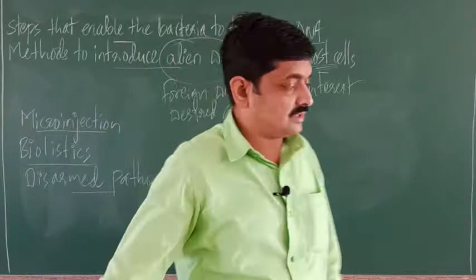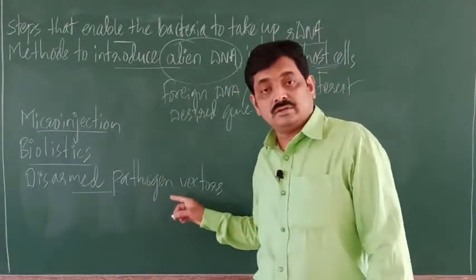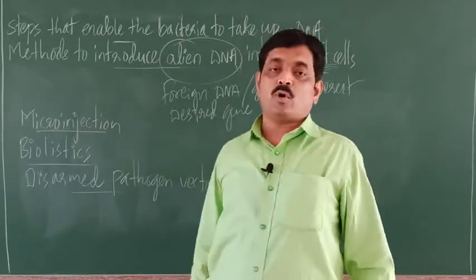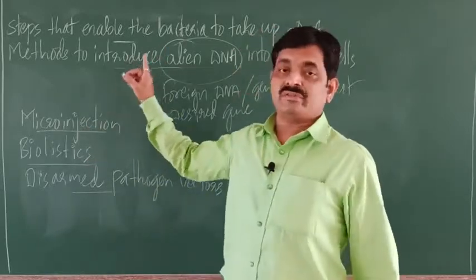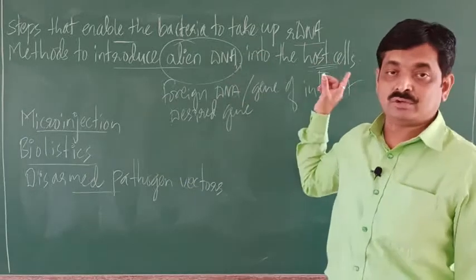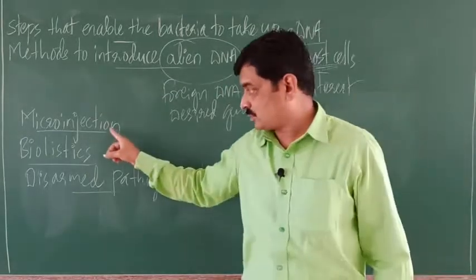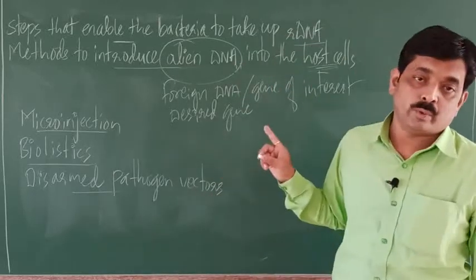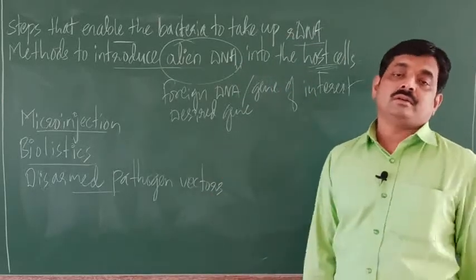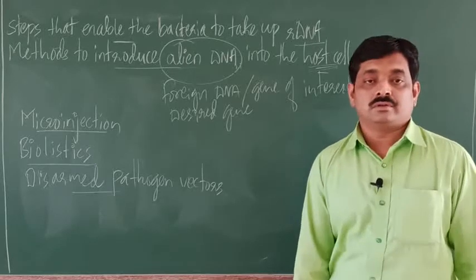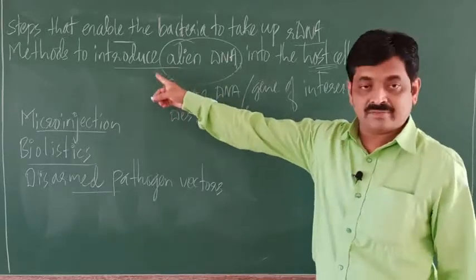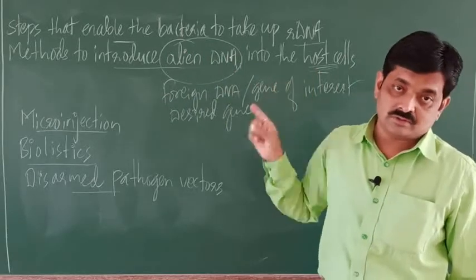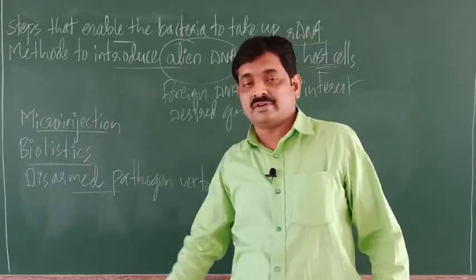The third is the disarmed pathogen vectors. So these are the 3 important methods to introduce alien DNA into the host cells: microinjection, biolistics, disarmed pathogen vectors. You may expect a 3-mark question: mention the methods to introduce alien DNA into the host cells. You just have to mention these 3 methods.